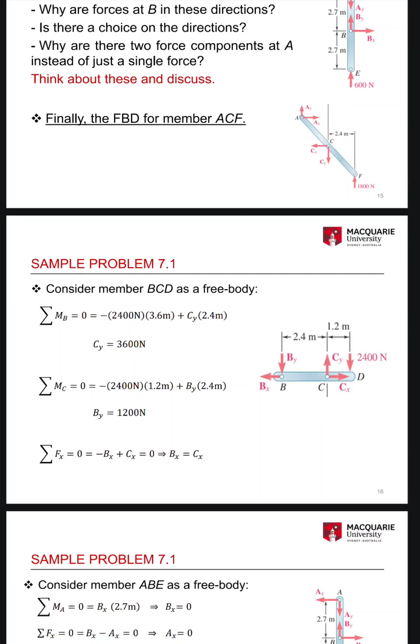Sample Problem 1. Consider member BCD as a free body. Sum MB equals 0: negative 2400 Newton times 3.6 m plus Cy times 2.4 m, so Cy equals 3600 Newton. Sum MC equals 0: negative 2400 Newton times 1.2 m plus By times 2.4 m, so By equals 1200 Newton. Sum Fx equals 0: minus Bx plus Cx equals 0.